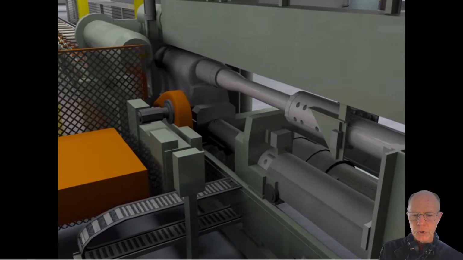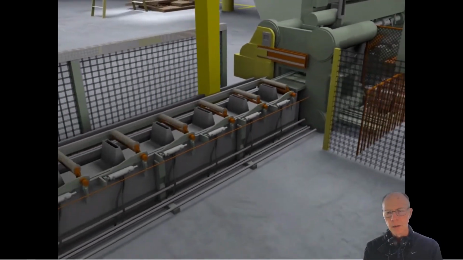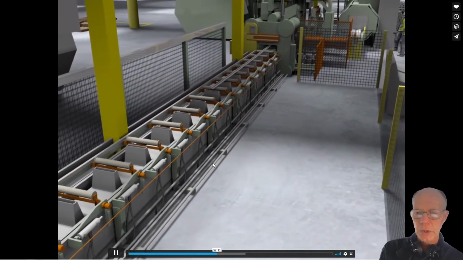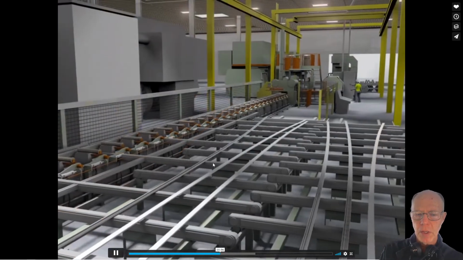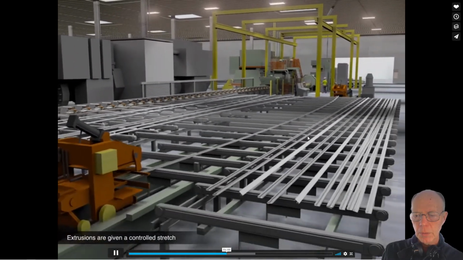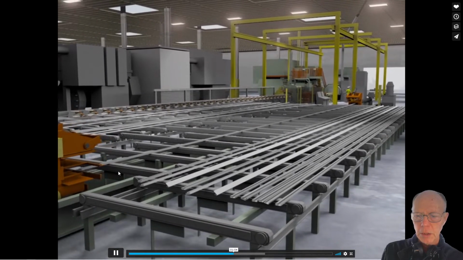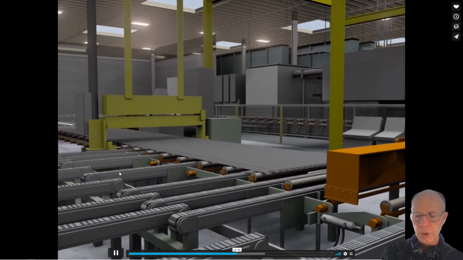And now it's going to push it through a die, just like the Play-Doh machines would push Play-Doh through a die. And now it's going to come out in that complex shape that I just described. They come and lay out, and they're typically not straight from the extrusion process, and they're pulled until they do become straight.